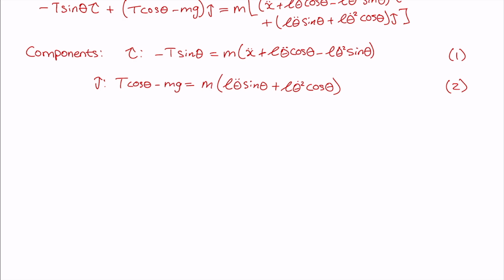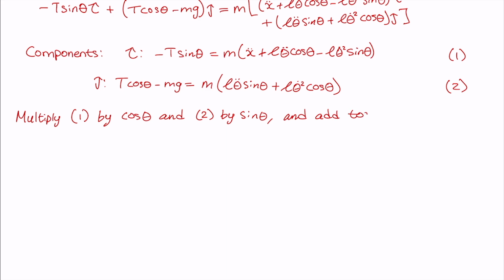Instead, in order to simplify this, and this is where dealing with trig and knowing your rules of trig and also algebra really helps out, what we're going to do is multiply equation 1 by the cosine theta, and we're going to multiply equation 2 by sine theta, and we're going to add the results together.